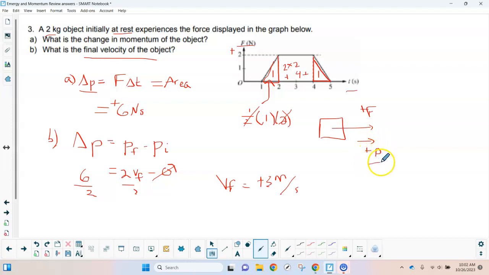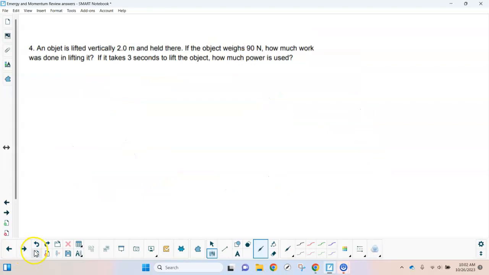And because it has a positive momentum, it has a positive velocity. So those ideas are always in agreement in terms of this object was at rest in the beginning, so VI was 0. The only way it wouldn't be that is if it had some big initial velocity going to the left and then the force was not big enough to make it stop and turn around, which is possible as well.